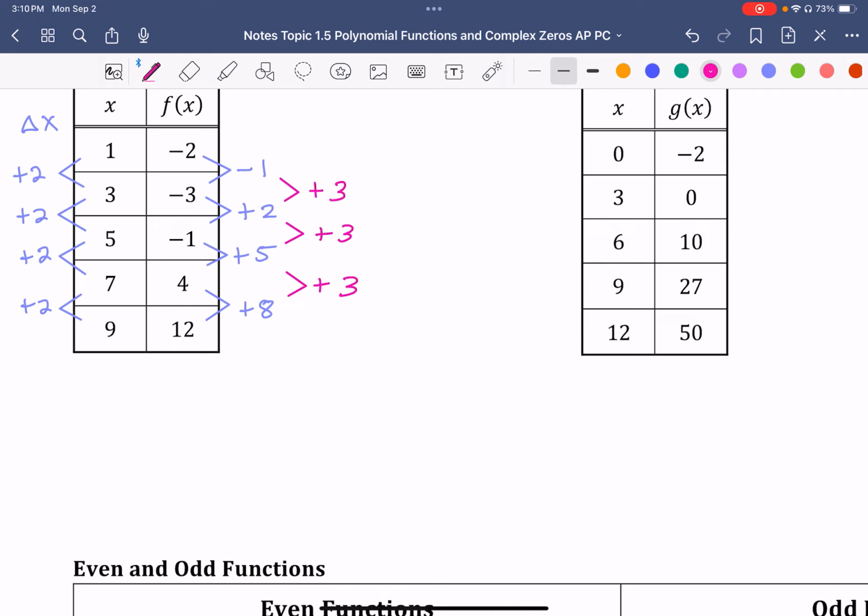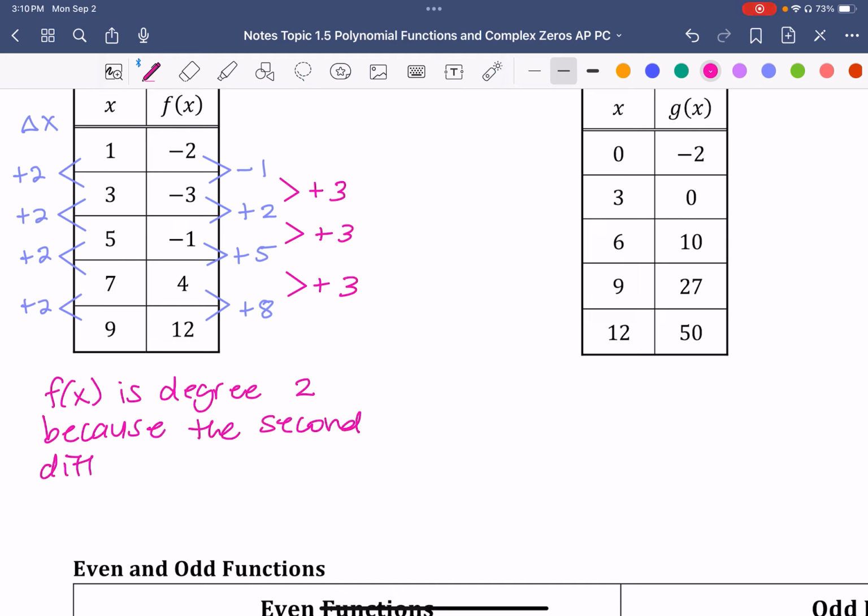So notice that the second time we did this, it ended up being constant. That means that this f of x has degree of 2. Okay, so f of x is degree 2 because the second differences are constant. Now we've done this process before where we find the differences, the changes in x and the changes in y.